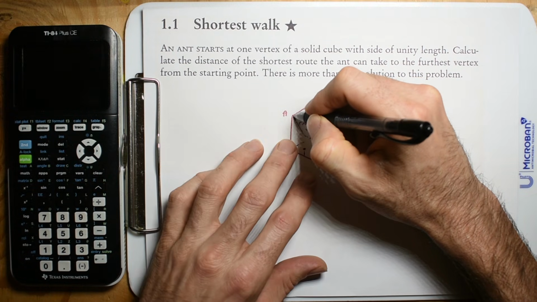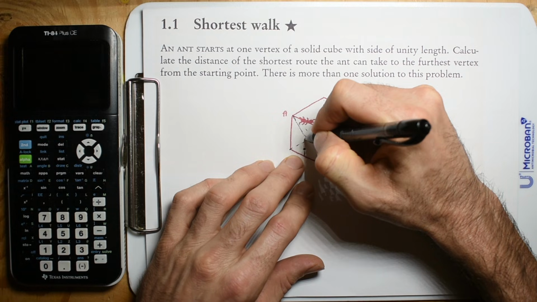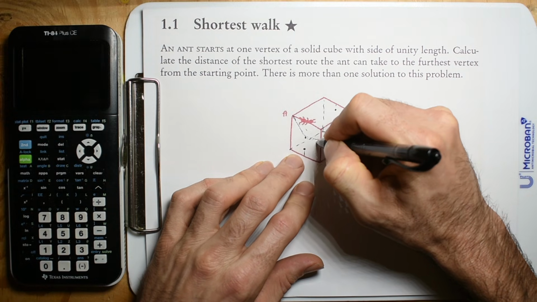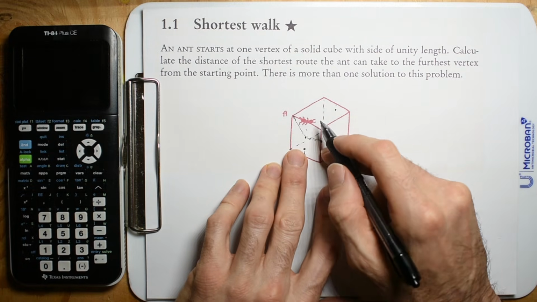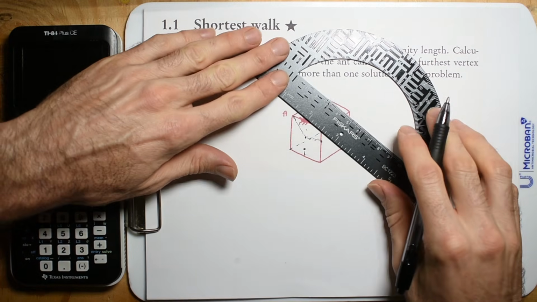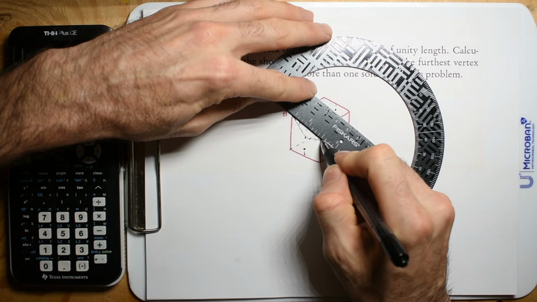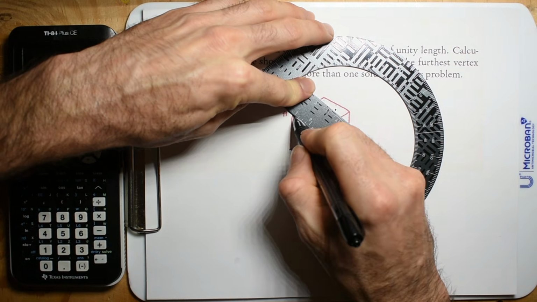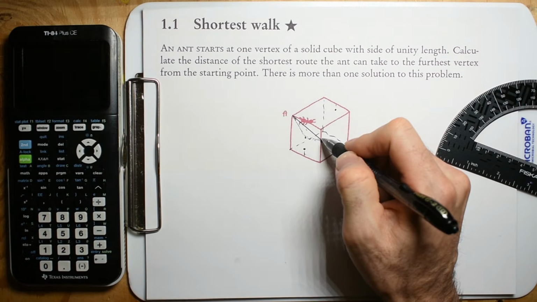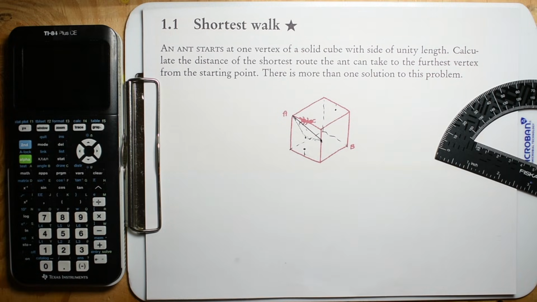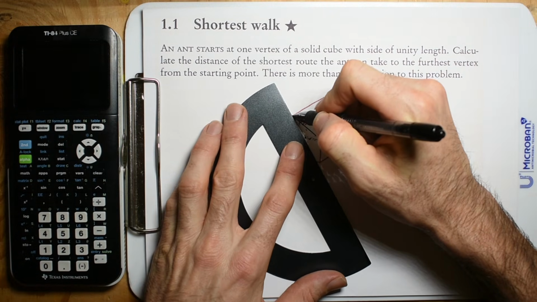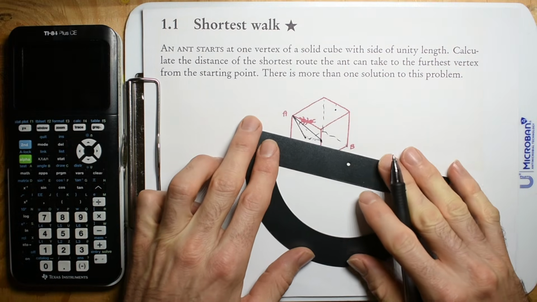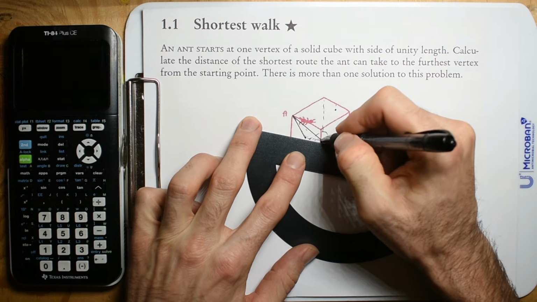Because if we take a look at that, if we go straight to the middle of the block and then go straight over, the reason that wouldn't be the fastest is that all we would have to do is just cut that corner and go straight to this point right there. And so that would be kind of a visual proof that you're always going to be moving in straight lines.